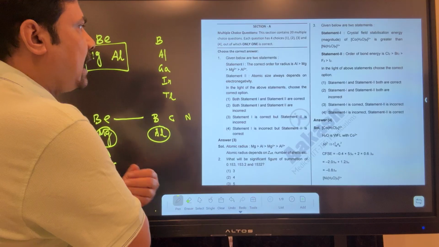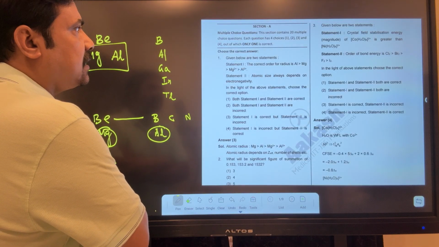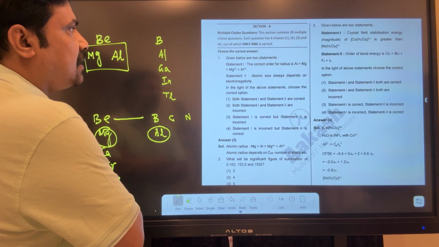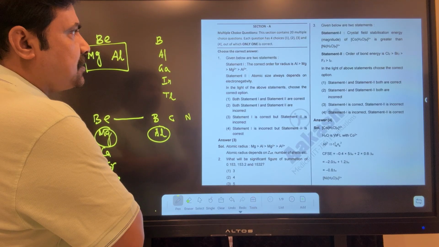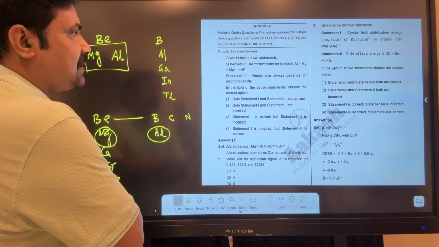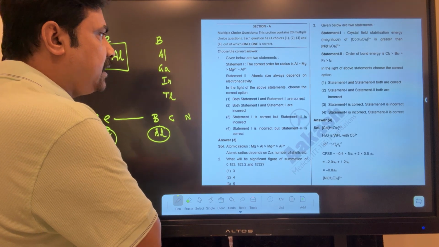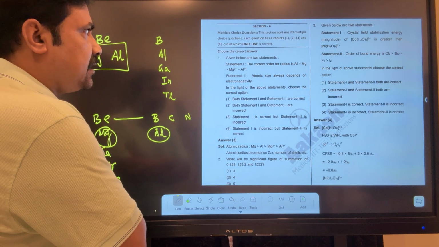They are telling the correct order of radius: aluminum is greater than the magnesium, and the magnesium is greater than the magnesium plus 2, and magnesium plus 2 is greater than the aluminum plus 3. And the options were: statement 1 and statement 2 are correct; both statement 1 and statement 2 are incorrect.